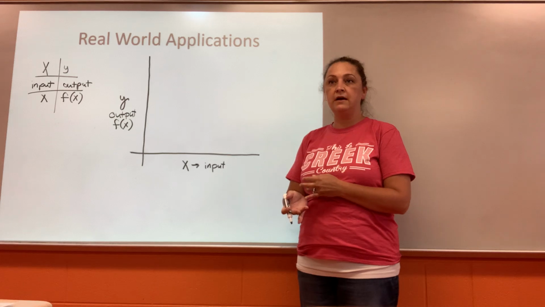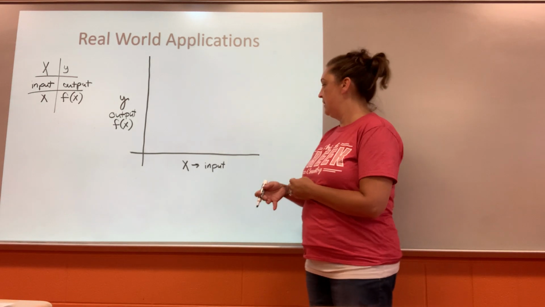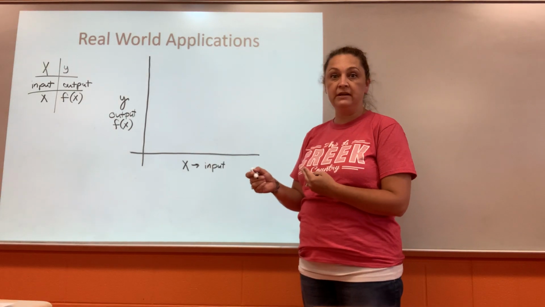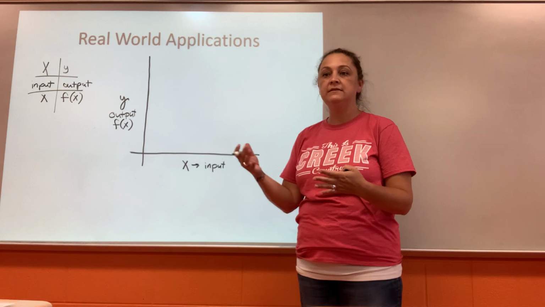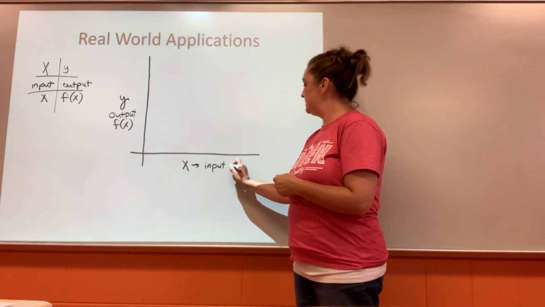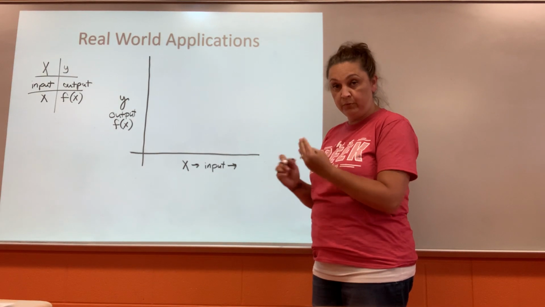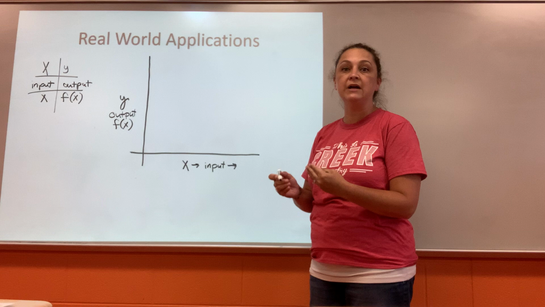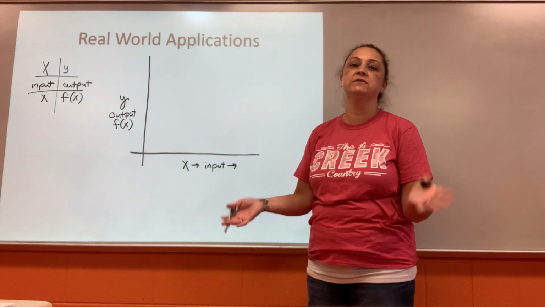What does this look like in most of the real world applications? Typically, you're dealing with time and some form of distance or height. Time is usually the input or the x value. You can't change time. Time is not dependent on anything. Time just keeps going.